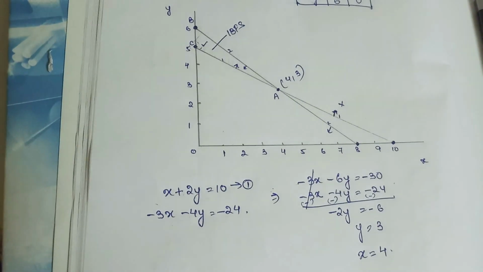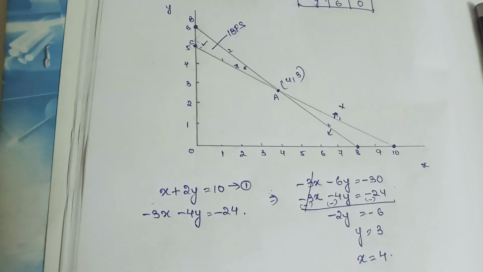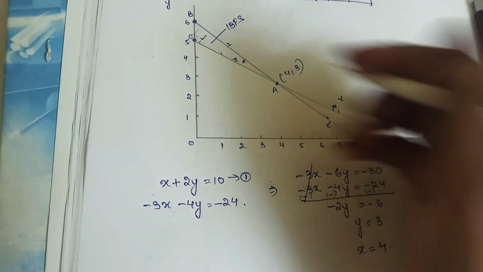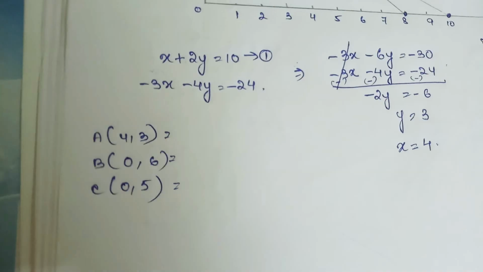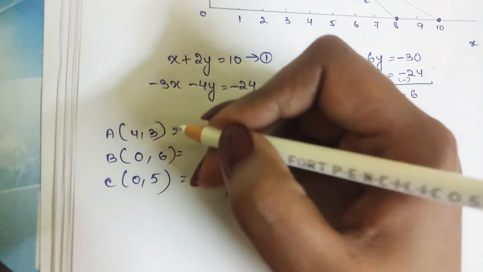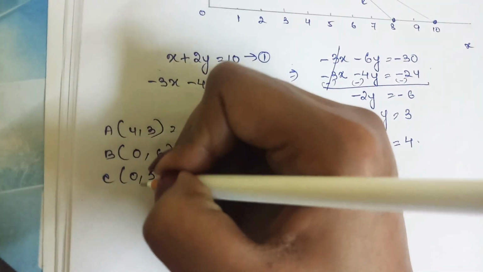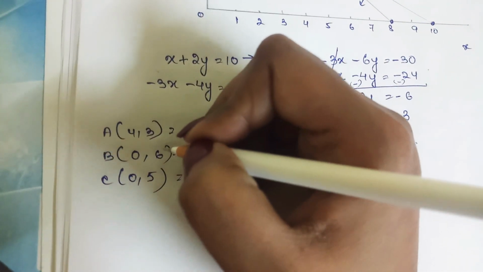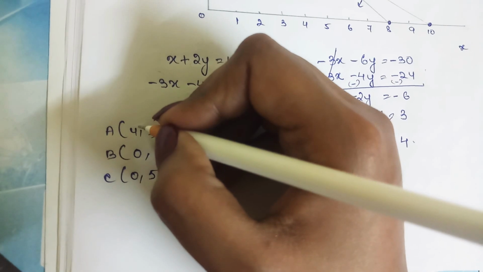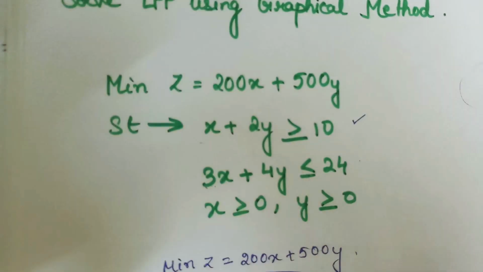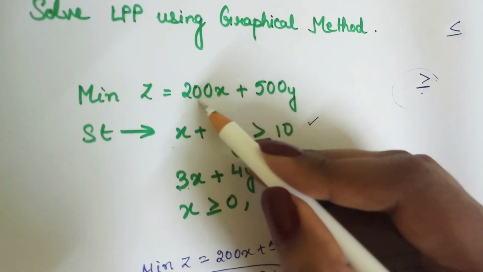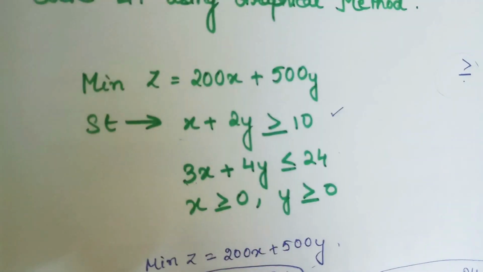Now my next step is to find the optimized value with how many points? With 3 points, A, B and C. As you can see, I have written here A, B and C. These are all the x's, these are all the y's. What I'm going to do is put the value of x and y in my objective function. This is my objective function, 200x plus 500y.